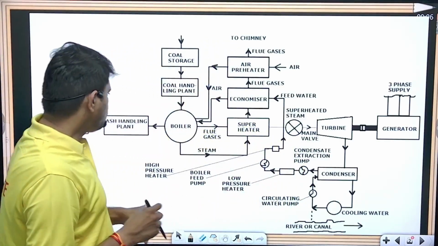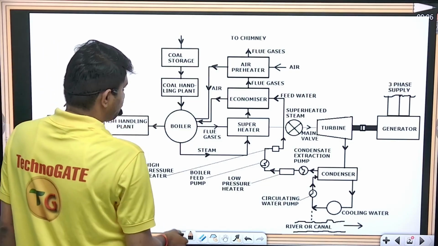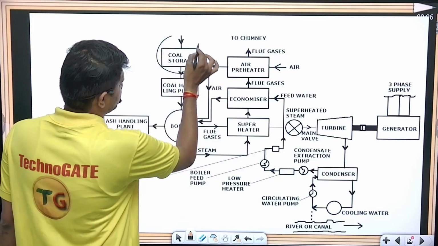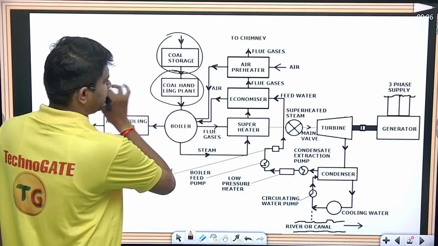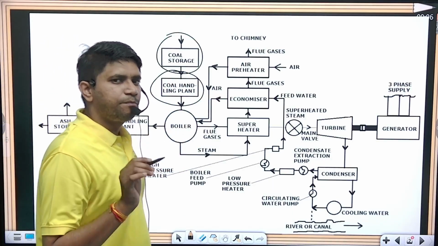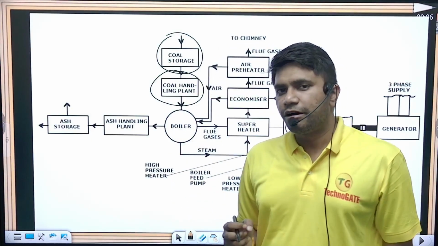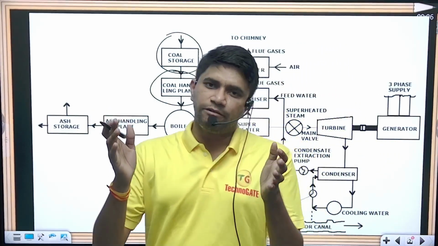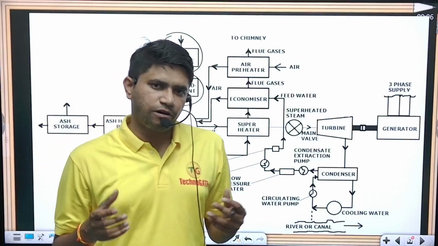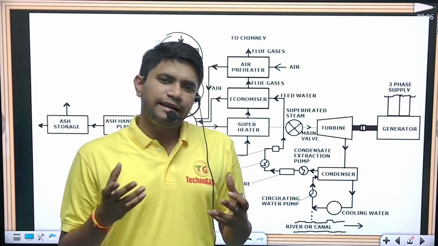Now, in this understanding, the first and foremost point in front of you is the coal storage and the coal handling plant. This is one of the most important portions of a thermal power plant. Why? Because if you put a very large block of coal for combustion, for fueling, then it will create a lesser amount of heat.